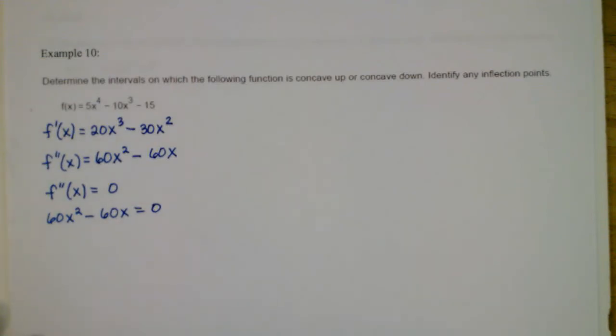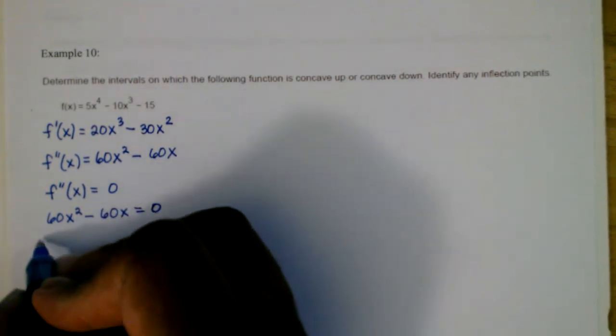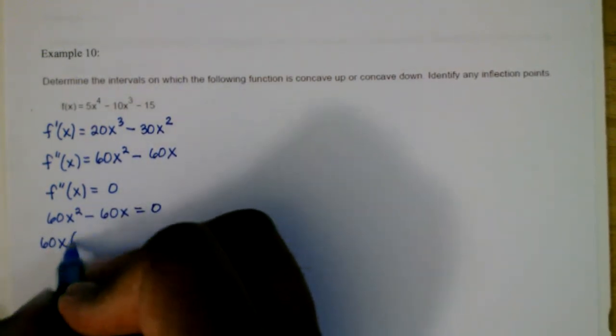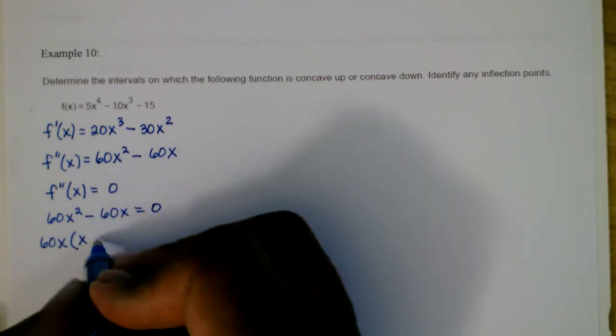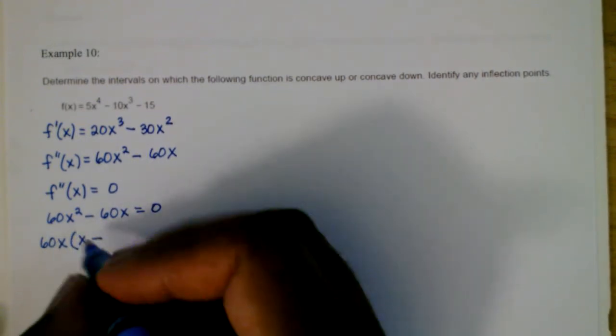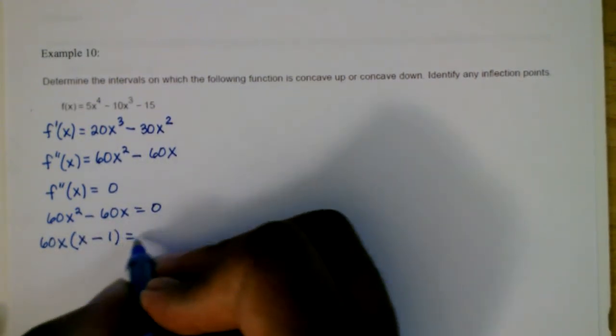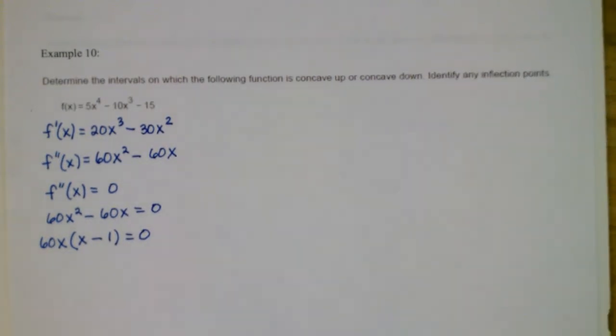And let's factor out the left side. The common factor in 60x squared and minus 60x will be 60x. And then 60x squared divided by 60x will be x, minus 60x divided by itself will be 1. Now we're going to set each factor equal to 0.